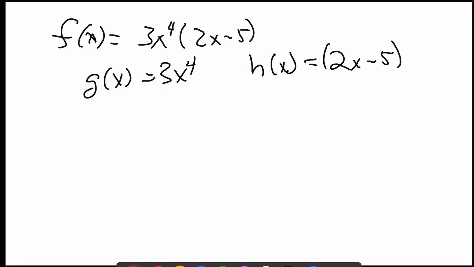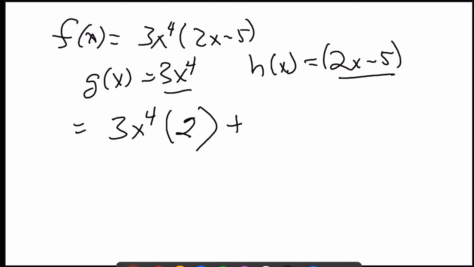We good there? So the answer is 3x to the 4th times the first derivative of that, which is just going to be 2, plus the first derivative of that, which is 12x cubed, times 2x minus 5. And you say, okay, that's the answer.